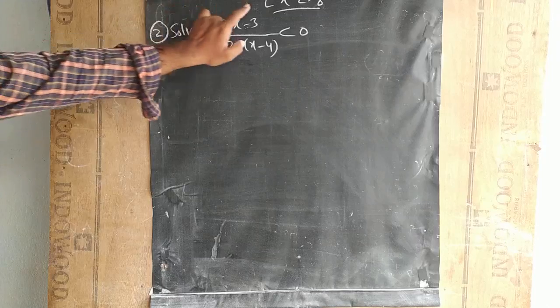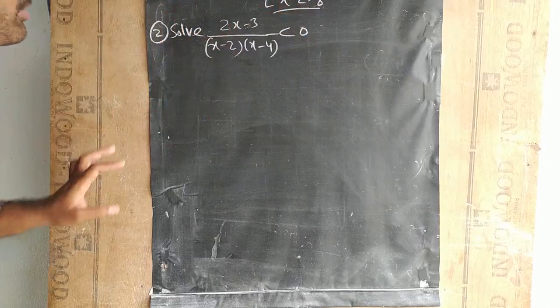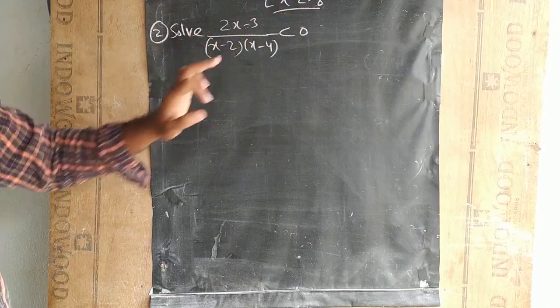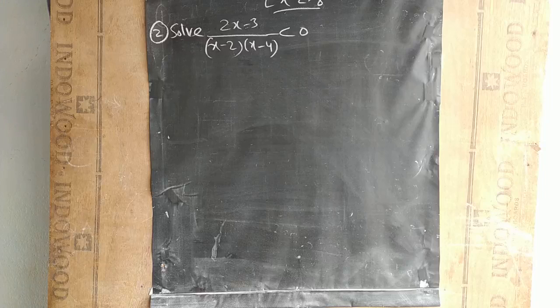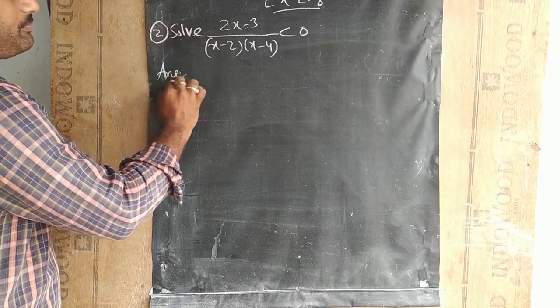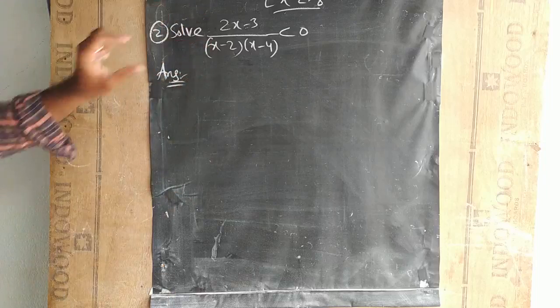Let us see the next, exercise 2.8, second question. Solve (2x minus 3) by (x minus 2)(x minus 4) less than 0. Students, this is a rational function.